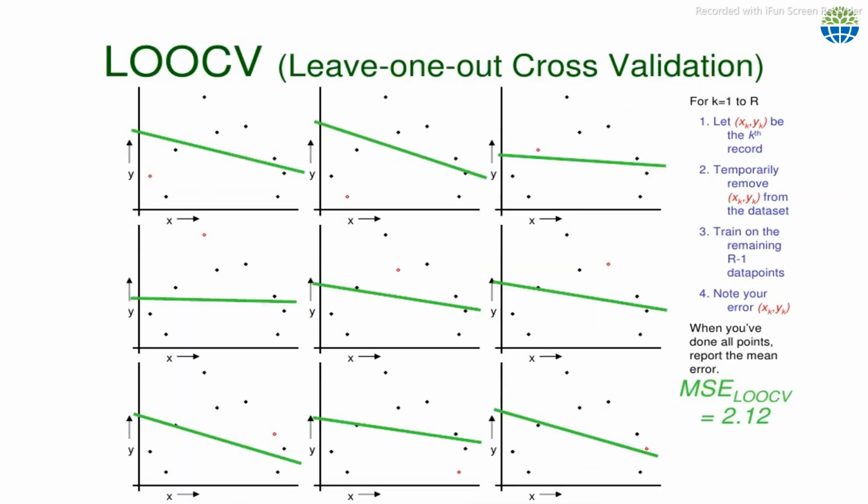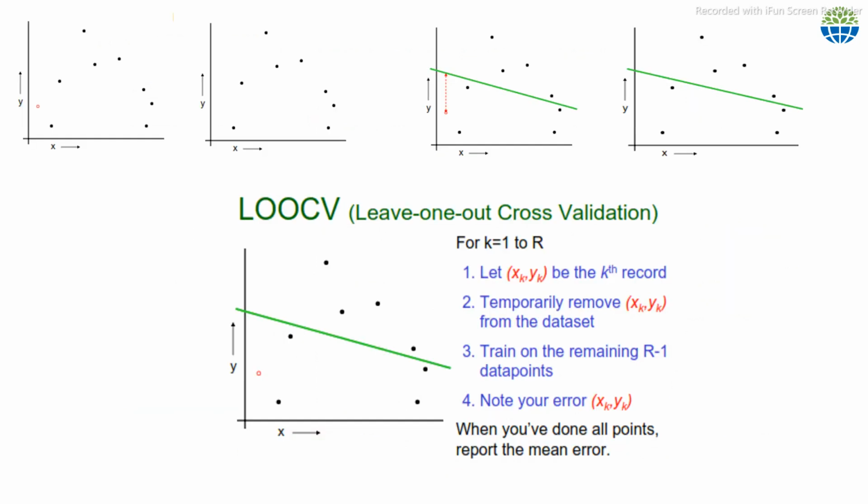And this one is leave one out cross validation, where we have chosen k as 1. On the y axis we can go for the kth record, and one by one we have to temporarily remove whatever is not on the line.